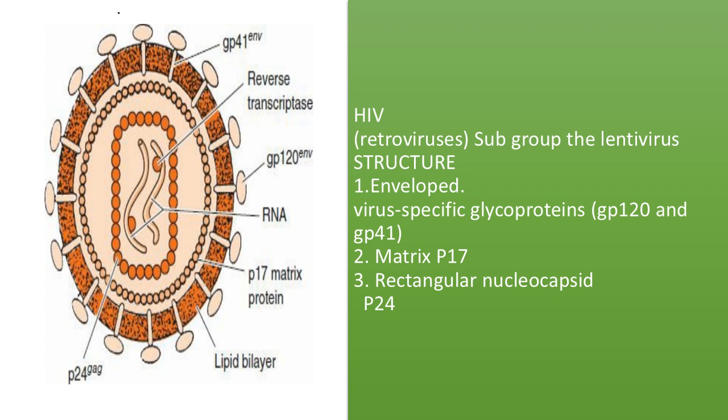HIV is a retrovirus. What does retro mean? These viruses have the enzyme reverse transcriptase, and this enzyme does reverse transcription. What does it mean? It means these viruses convert their RNA to DNA. This process is known as reverse transcription.